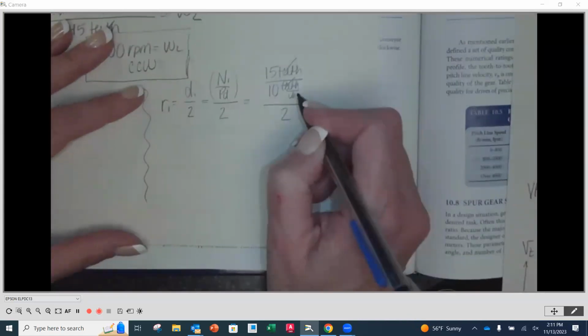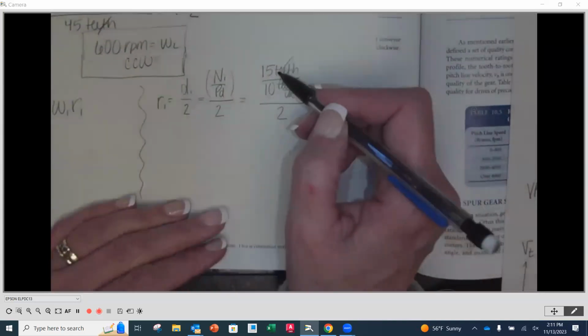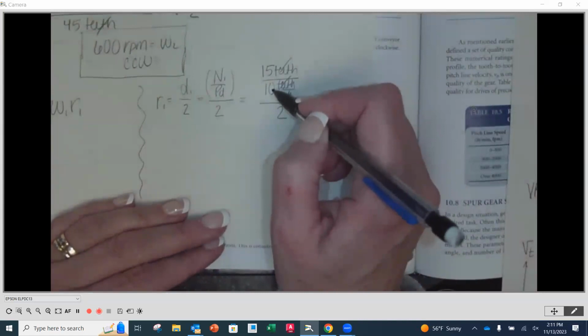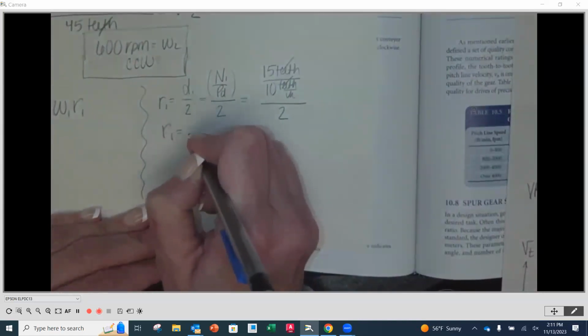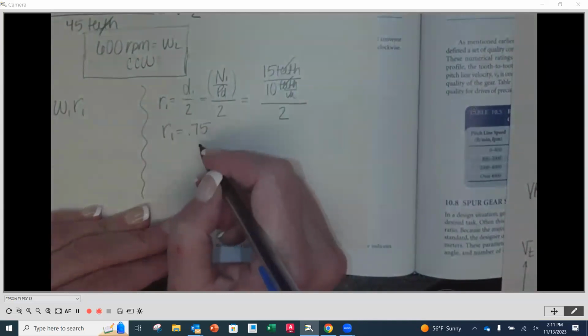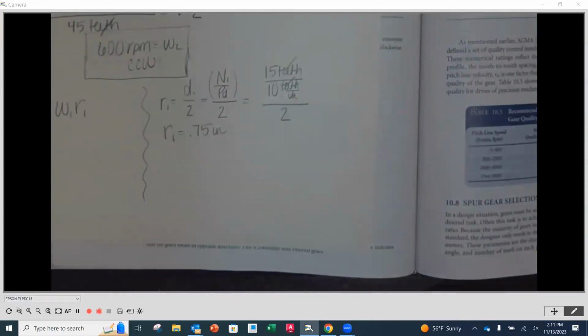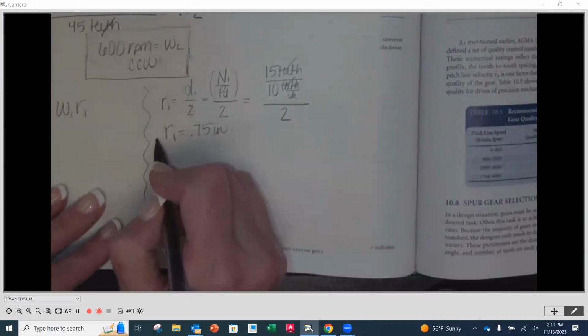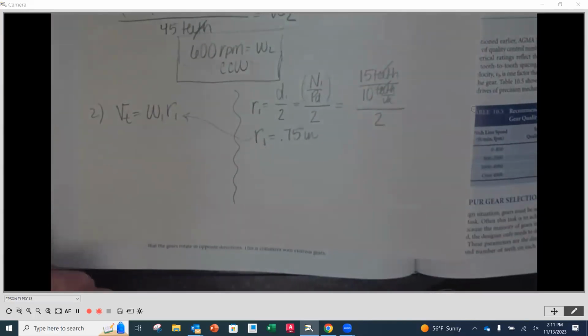Teeth cancel, leaving inches on top. 15 divided by 10 is 1.5, and 1.5 divided by 2 is 0.75. I did it in my head. That's the number I'm going to put over here.